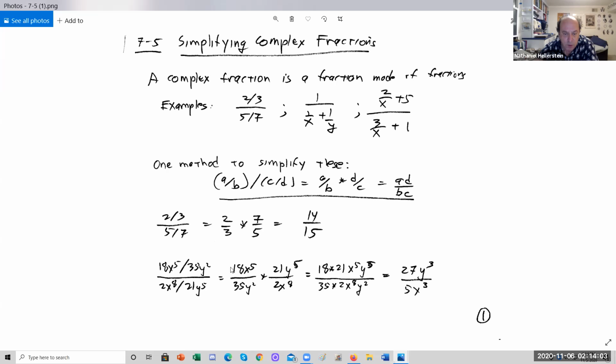All right, so you multiply 8 times 21 times x to the 5th times y to the 5th in the numerator, 35 times 2 times y squared times x to the 8th in the denominator. After some cancellation, the coefficient is 12 over 5, and x to the 5th over x to the 8th leaves x to the 3rd in the denominator. y to the 5th over y to the 2nd leaves a y to the 3rd in the numerator. So you get 12 y to the 3rd over 5 x to the 3rd.